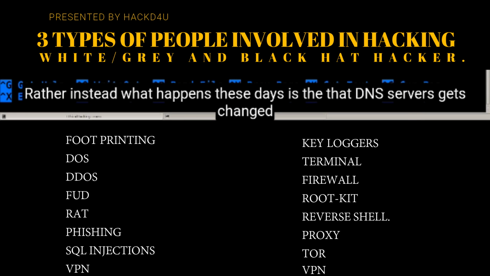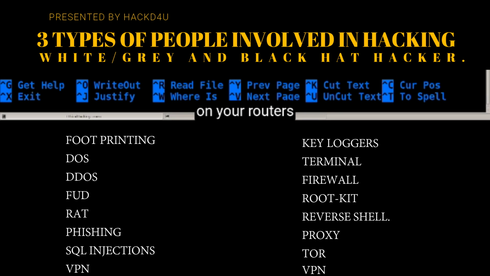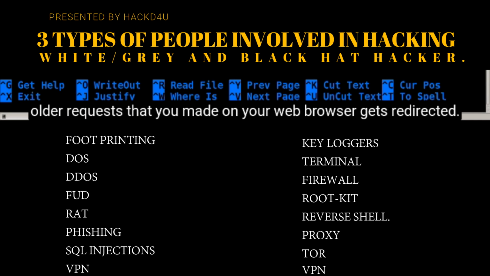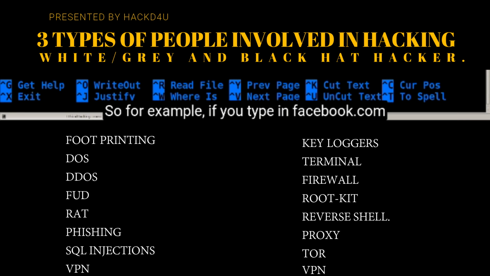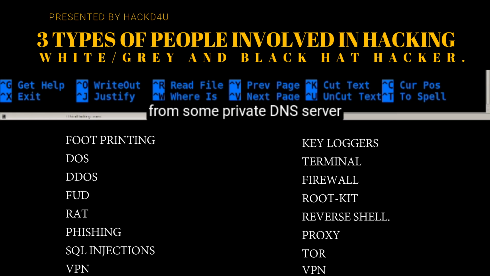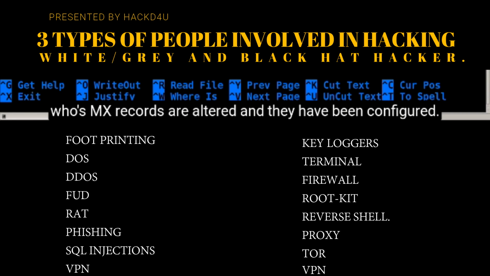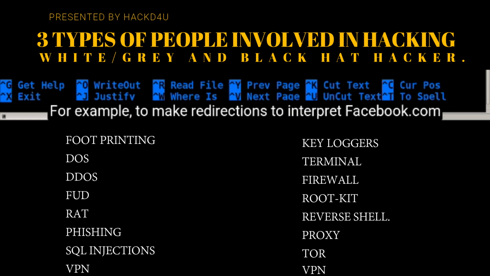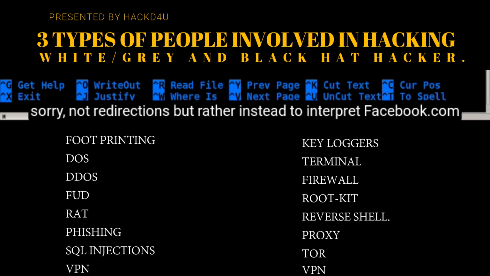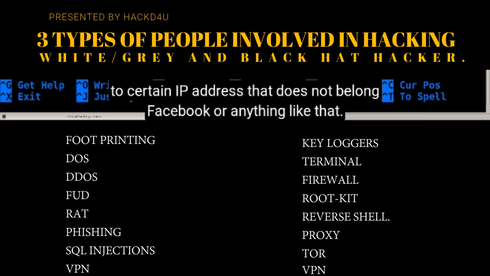Rather, what happens these days is that the DNS servers get changed on your routers, and once that happens, all the requests that you make in your web browser get redirected. For example, if you type in facebook.com, you're going to get a domain from some private DNS server, God knows where, whose records have been altered and configured to interpret facebook.com as a certain IP address that does not belong to Facebook.